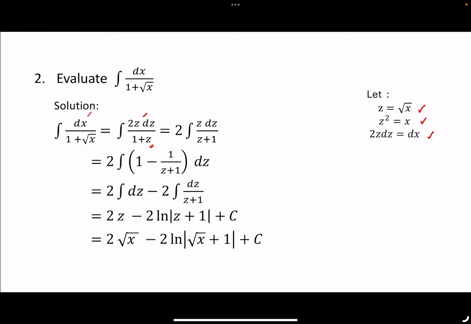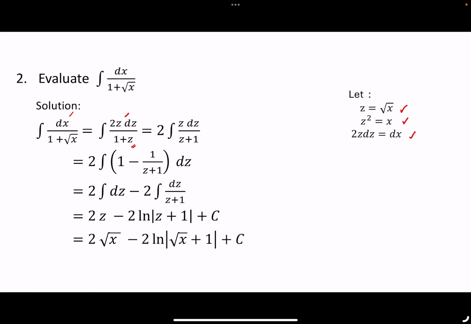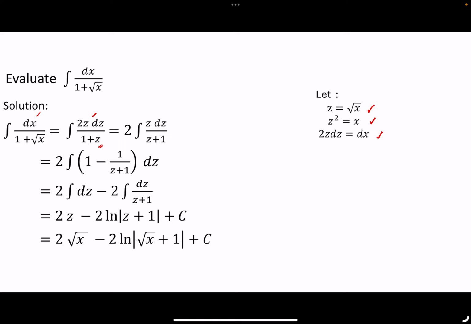So we have 2 integral of z dz over z plus 1. We're going to apply division to this one, so we can have z over z plus 1. We can add and subtract a suitable term. We add 1 and subtract 1. So we have z plus 1 over z plus 1 minus 1 over z plus 1.